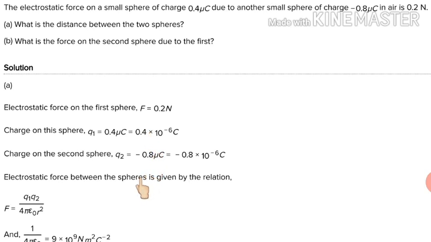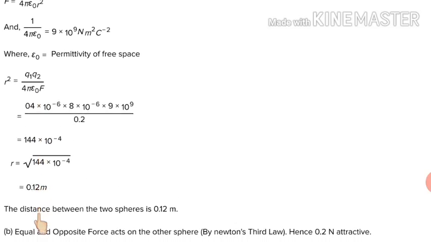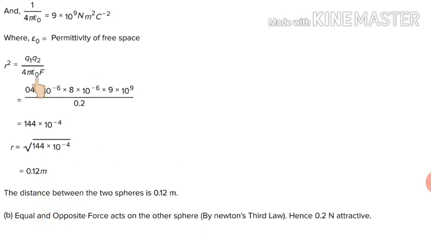So again we will use Coulomb's law, which says that F is equal to 1 upon 4 pi epsilon naught Q1 Q2 upon R square, where we know the values of Q1, Q2, 1 upon 4 pi epsilon naught and F, and we are supposed to calculate R. So we can keep R on one side and shift all the other terms to the other side.